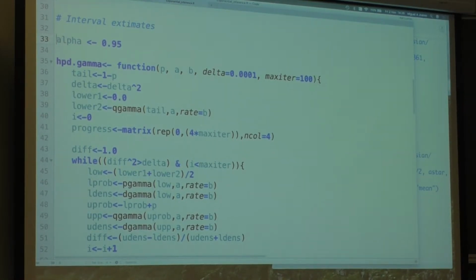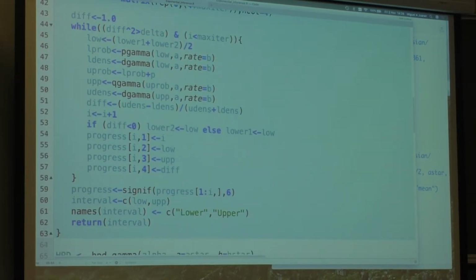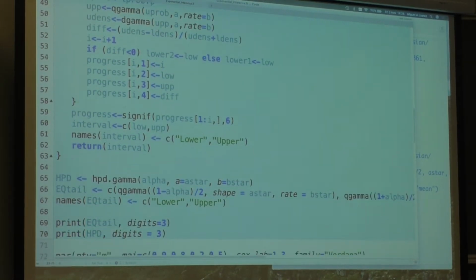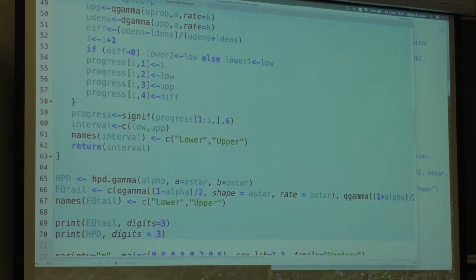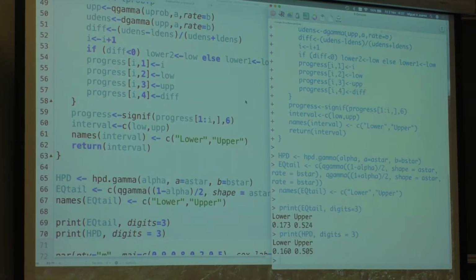So I will calculate those here. Hopefully, yeah, there we go. So I have the equally tailed over there, and I have the HPD there.